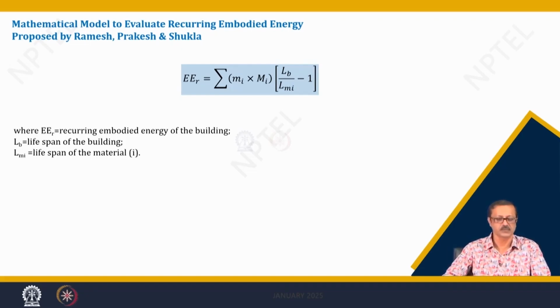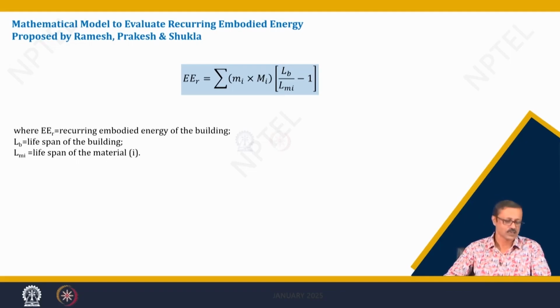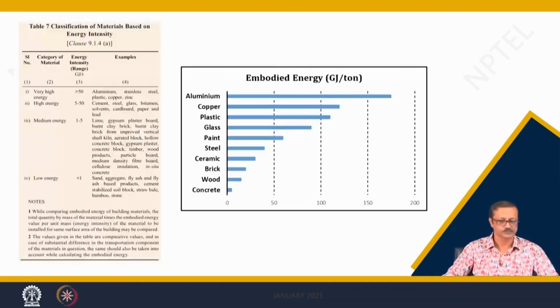In the first part, the material quantity, that is m i, and the embodied energy density, capital M i, is multiplied with another factor, L B by L M i minus 1, where L B is the lifespan of the building and L M i is the lifespan of the material i. So, it is very similar to what we discussed in the last lecture, but in a little more simplified manner, which Ramesh, Prakash and Shukla have suggested.